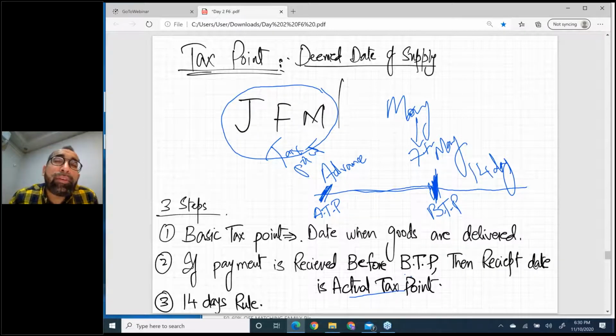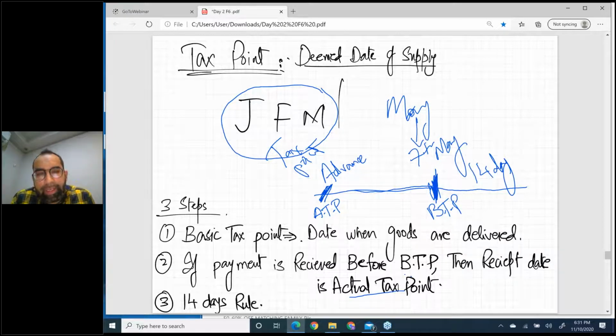And if you are trying to be very smart with the tax department and you issue the VAT invoice late, after 14 days, 15, 16, 18, 20 days, then in that case your BTP will be your ATP.